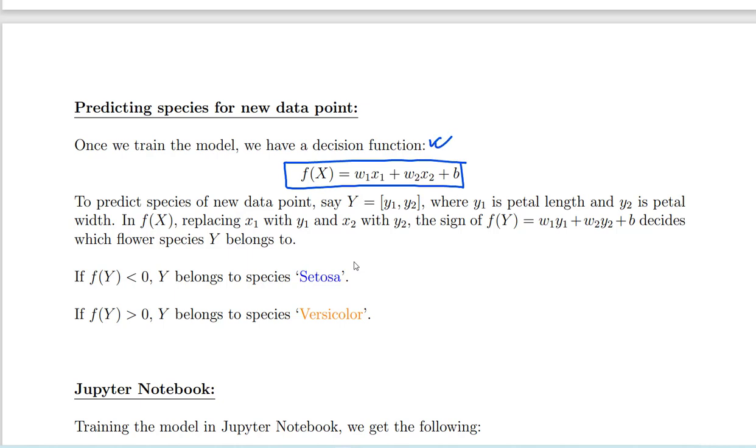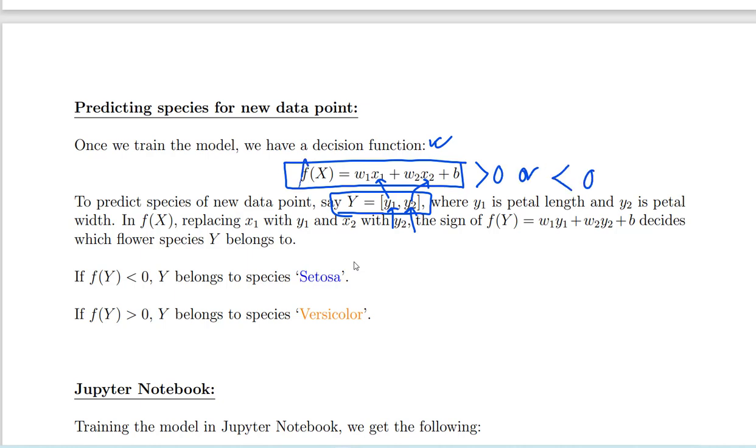Then we can make a prediction for a new data point. Suppose you have a new data point, where y1 is the petal length and y2 is the petal width. We plug y1 into x1 and y2 into x2, and then see if the sign of the value of the function on this new data point is positive, greater than 0, or negative, less than 0.